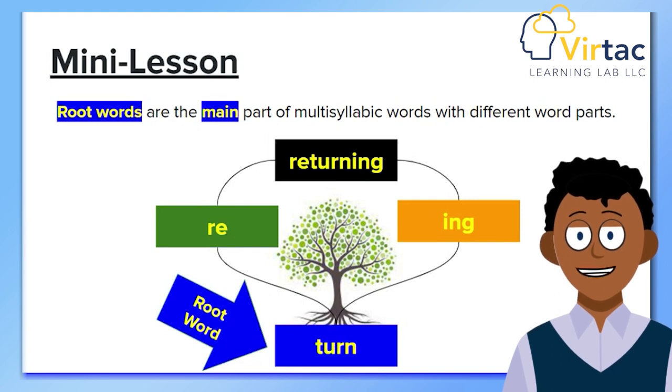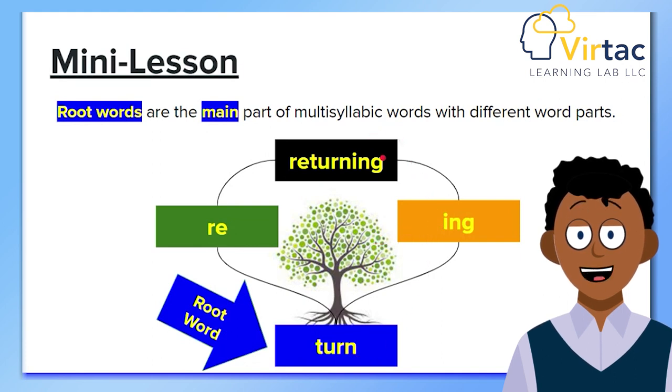If you look at the word parts re and ing, they don't necessarily have a meaning by themselves per se, but when you put re, which means back and again, to turn, and add ing, you have the word returning, now meaning currently doing something or returning something or putting something back.